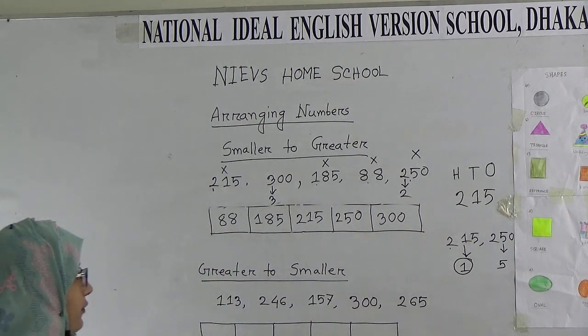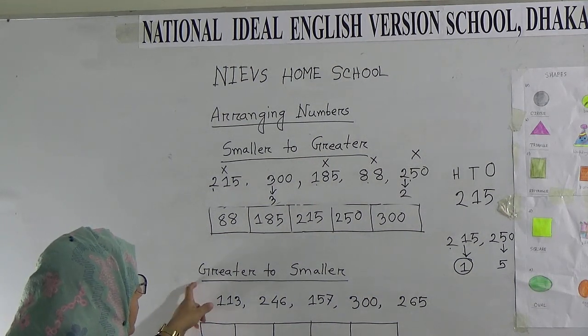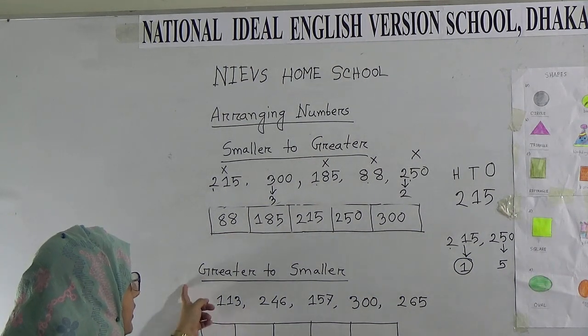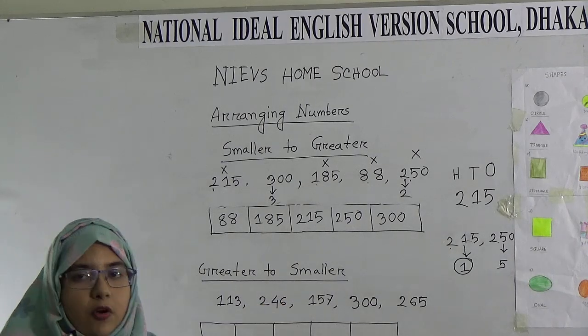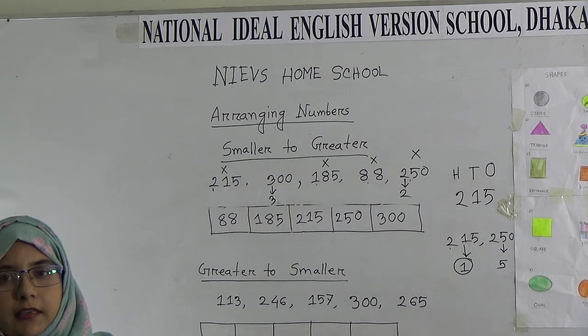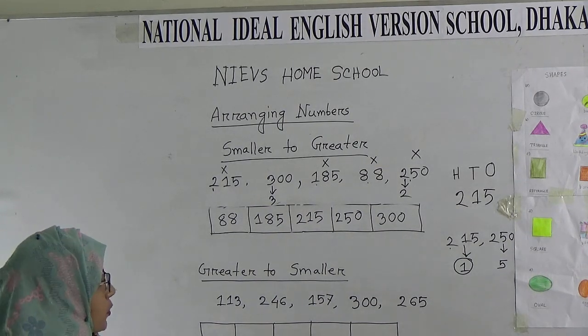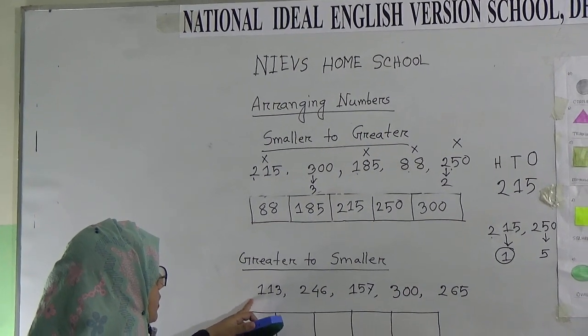Now we have to go to the next method, arranging the numbers from greater to smaller. This is the alternative method of arranging the numbers from smaller to greater. We use the same techniques here. At first we have to count the digits of the number.